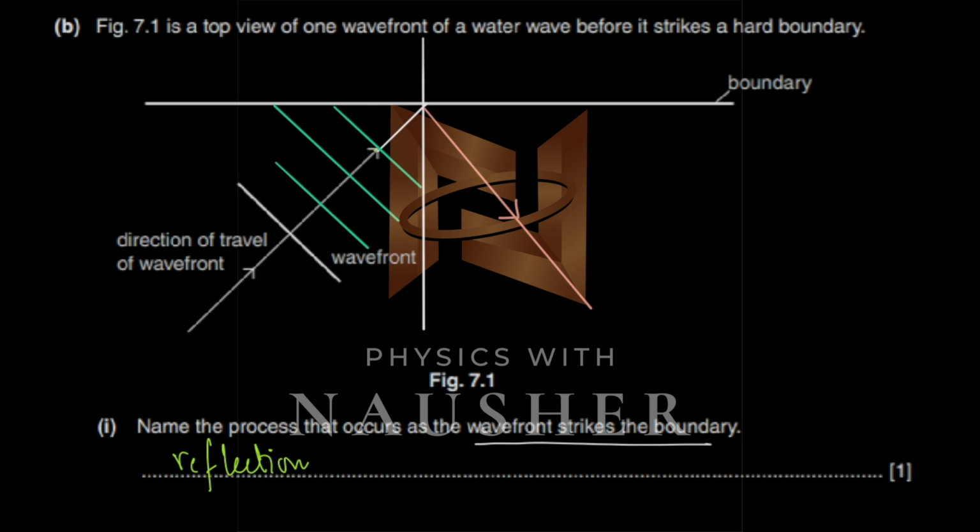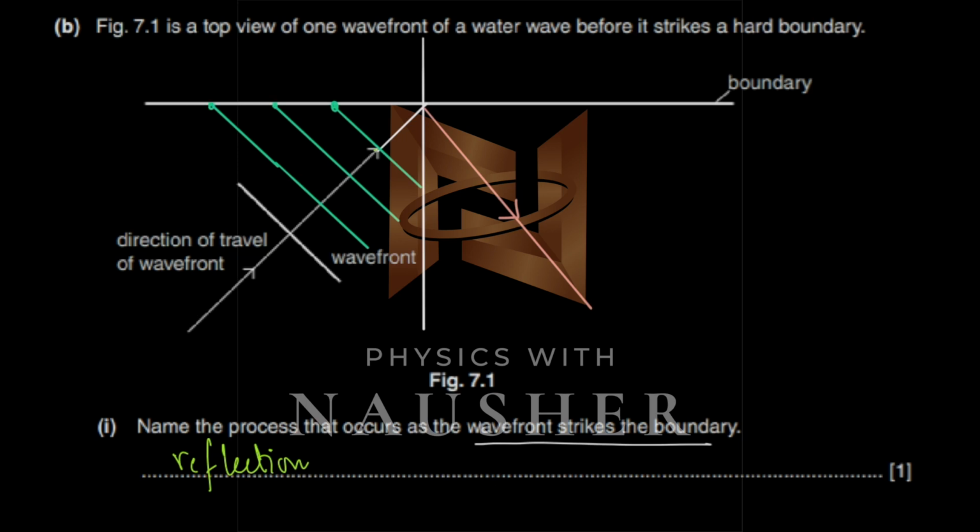Now, let's say these are the wavefronts that are approaching. I'll extend the third one as well. Just give me a sec. Do it with me so that you have an idea. So let's say these are the three wavefronts that are hitting the boundary. So always remember, reflection is only at those single points which hit the boundary.